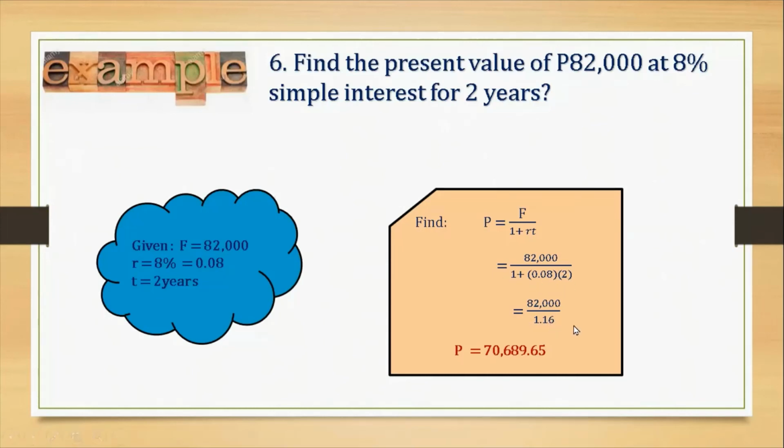So you get there 1.16 and then divide 82,000 by 1.16. You will get 70,685.65 pesos, and that is our principal or the present value, because find the present value of 82,000 means this is the future value. That's how we situate the problem clearly.